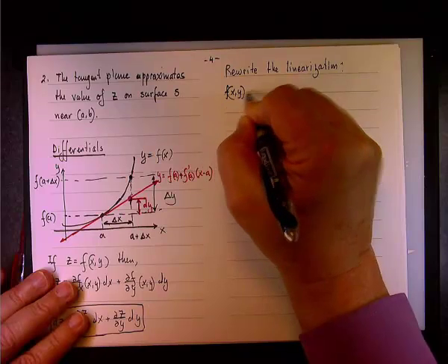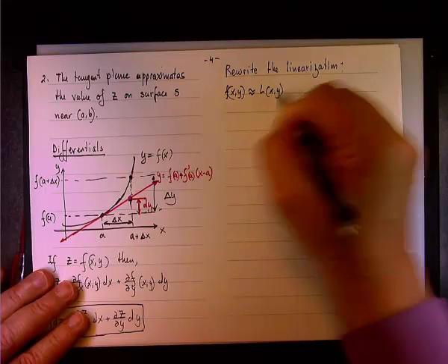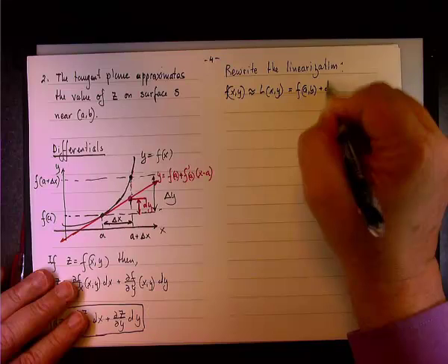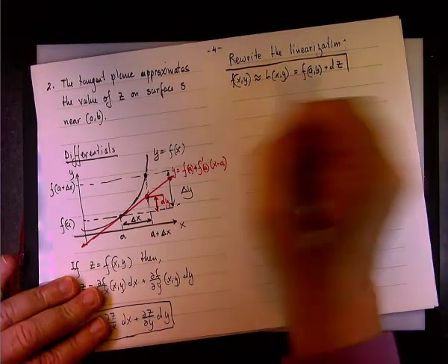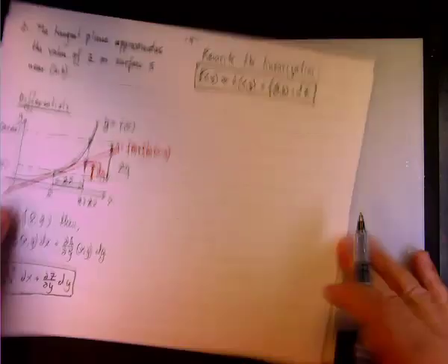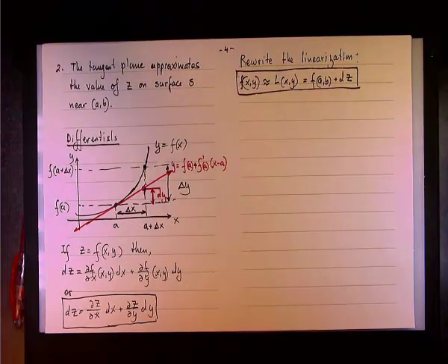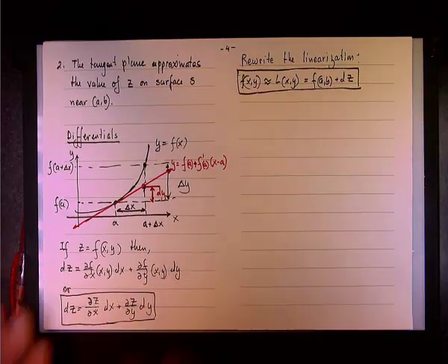So now we can say that L of x, y, you see what I'm getting at? And so f of x, y is approximately L of x, y, which in turn will be f of a, b plus dz.